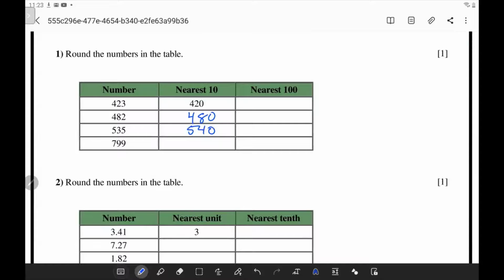Lovely. And 799 to the nearest 10? 800. Lovely.